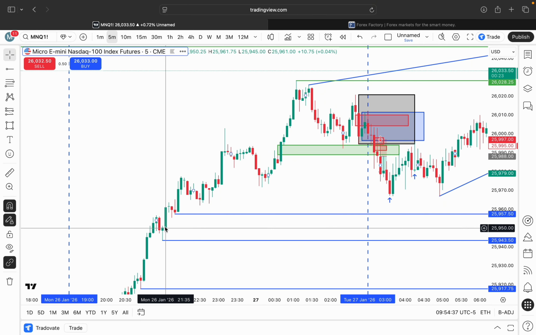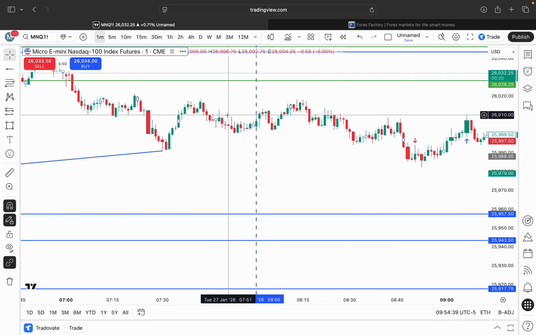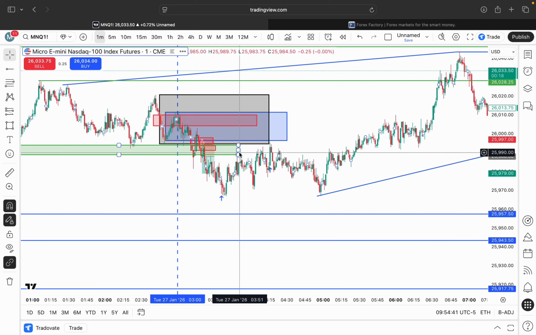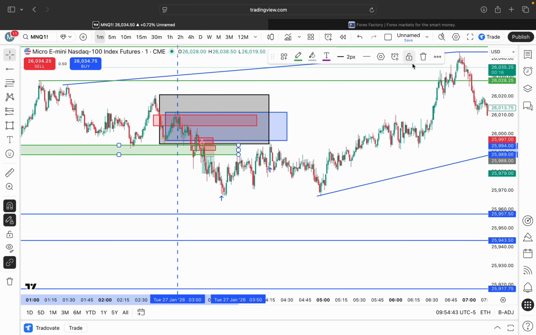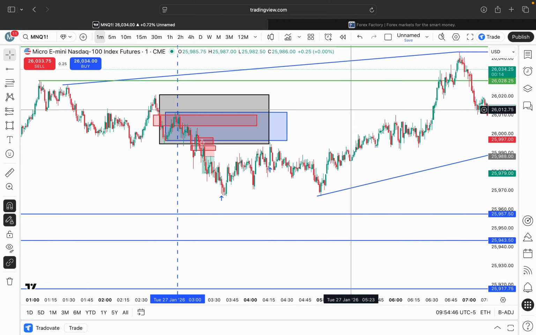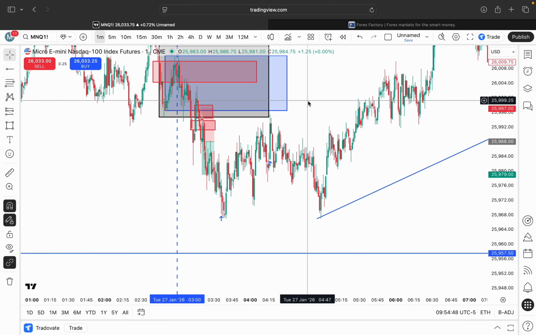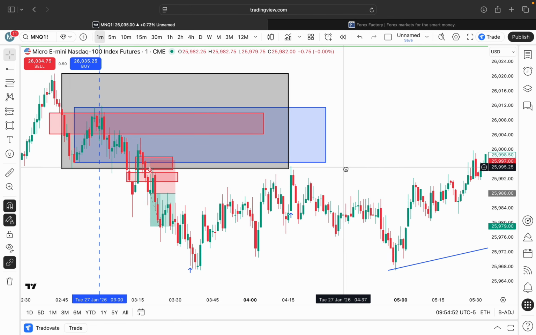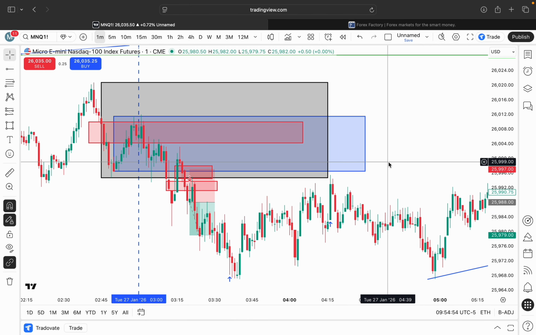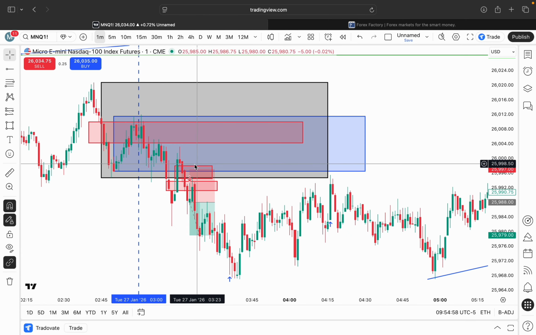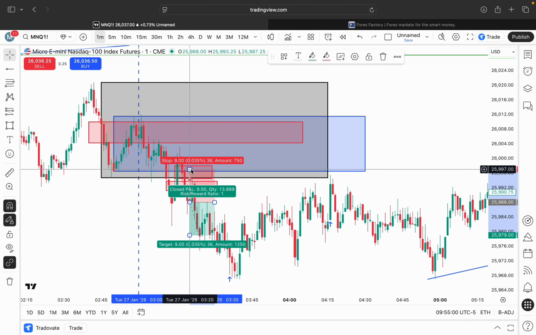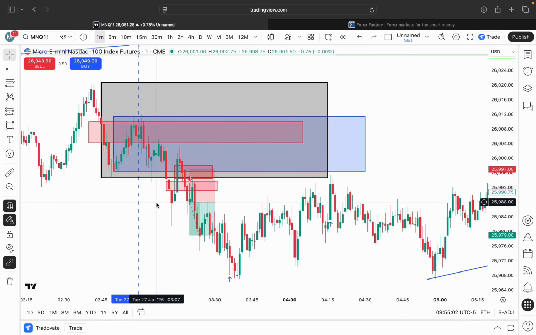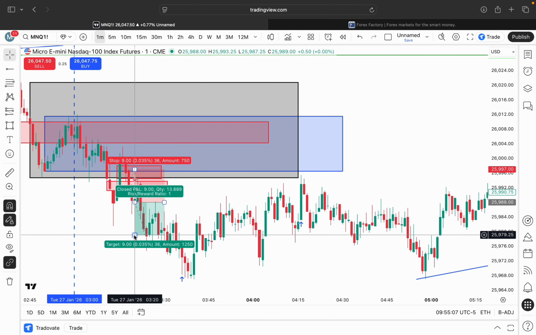But the thing that I've noticed is that if we have a lot of liquidity on one side that is supported by confluences, usually these gaps, or imbalances, get very shallow fills. So it was slightly an aggressive entry right here, but you cannot trade perfectly, and you cannot avoid every single obstacle, obviously.